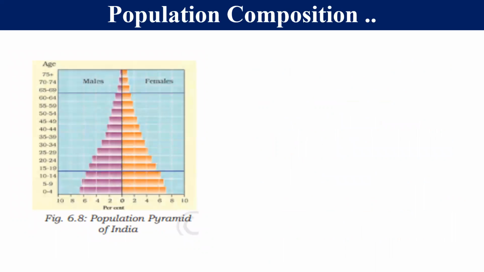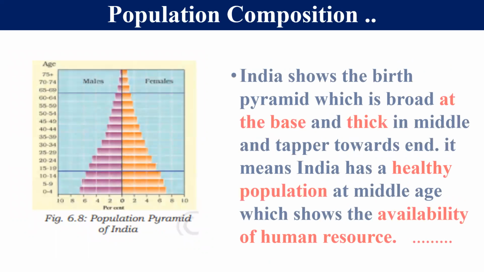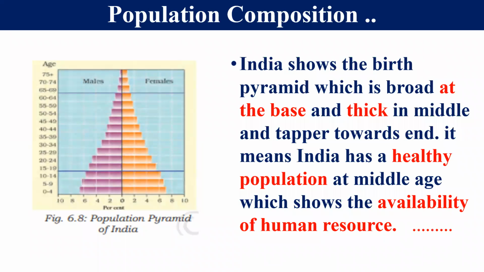Now see the pyramid of India. This pyramid is broad at the base. It means the birth rate is high. The birth rate is high and it is thick in the middle.